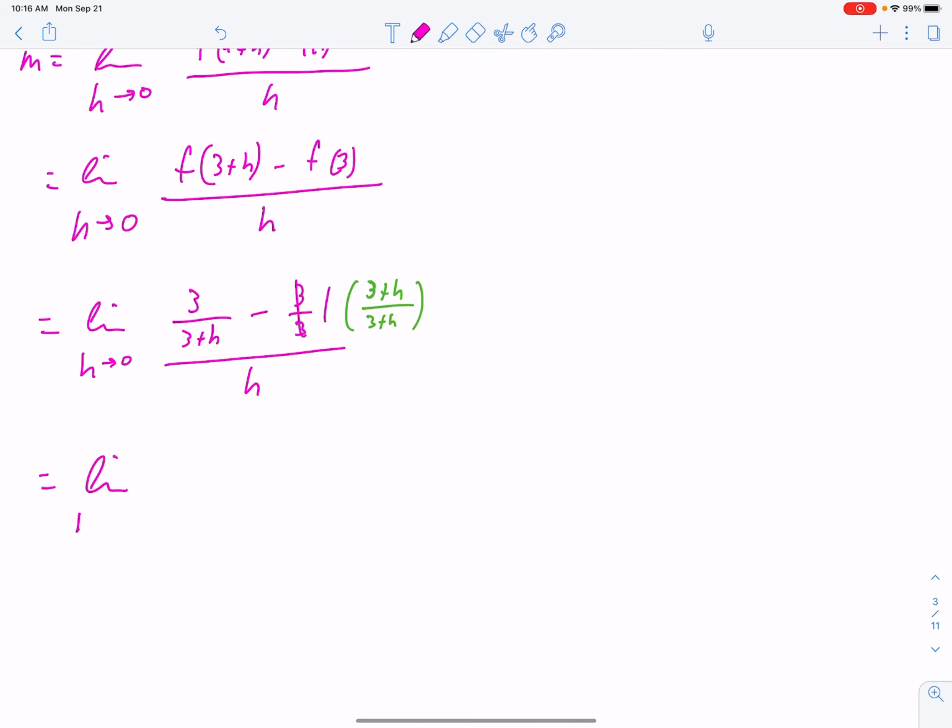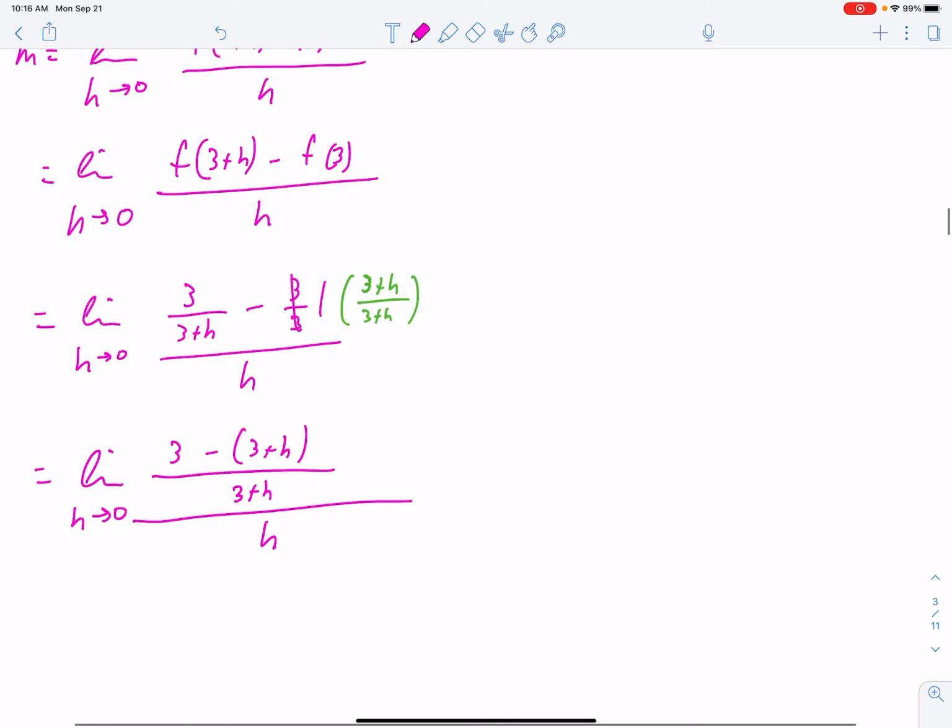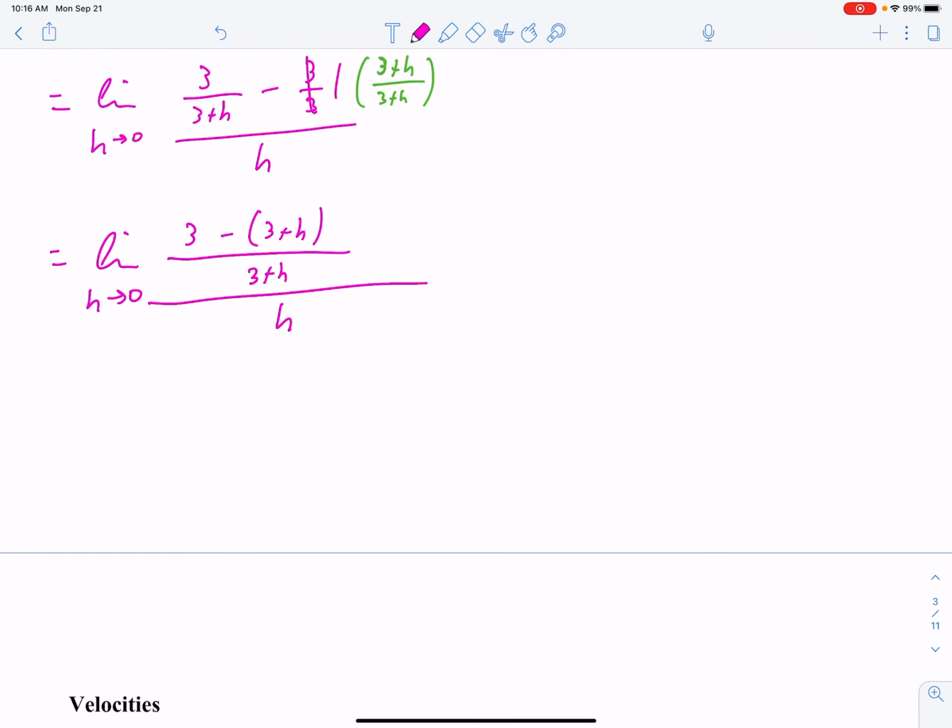Again, limit notation, limit as h approaches 0. So we'll have 3 minus parentheses 3 plus h, that's important, over 3 plus h, all over h. We're getting there. I know this is a mess, but we'll get there.